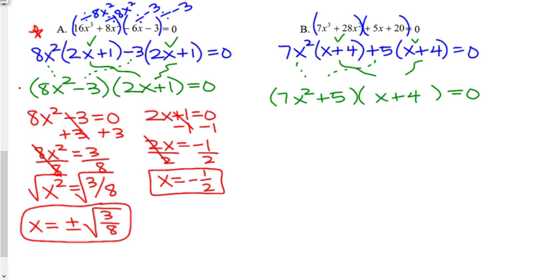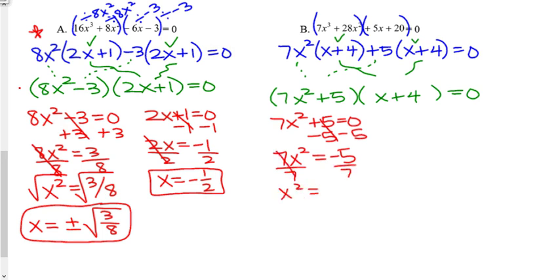Now I can just set those both equal to 0 and solve. So 7x squared plus 5 equals 0. Subtract over 5. I get 7x squared equals negative 5. Divided by 7. I get x squared equals negative 5 over 7. You might be thinking here, what do I do when I take the square root of a negative number?